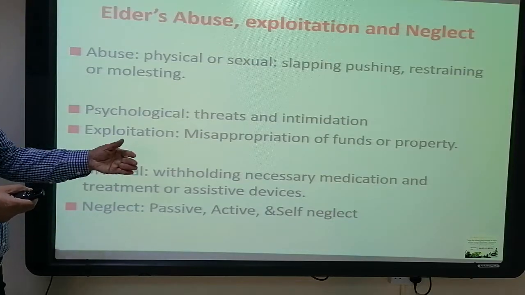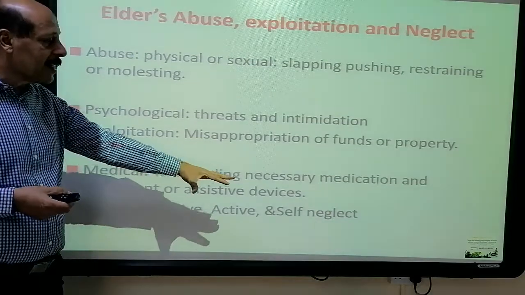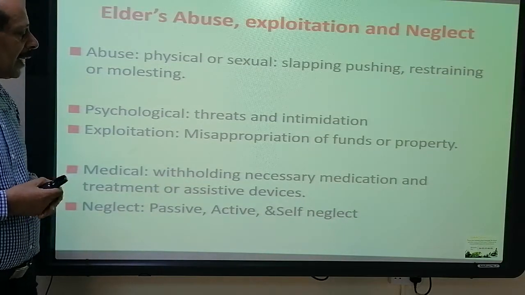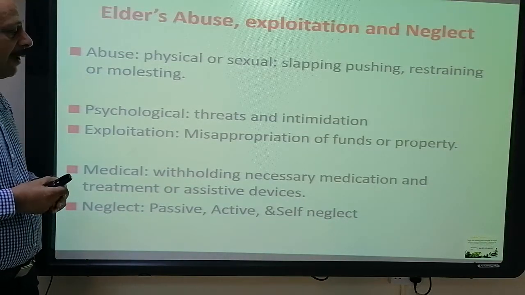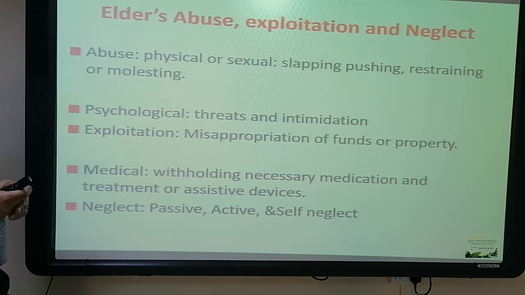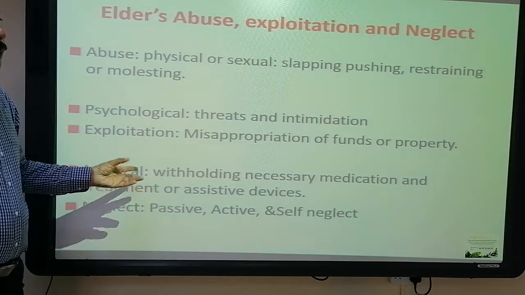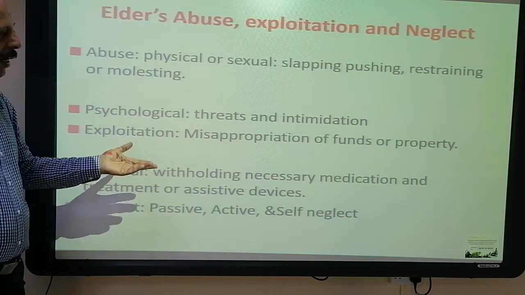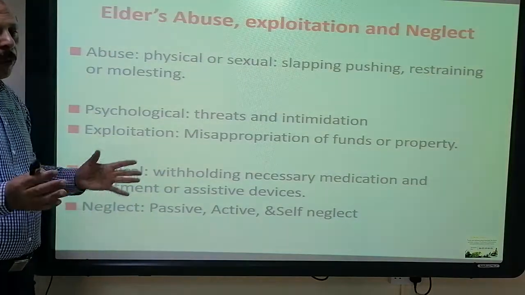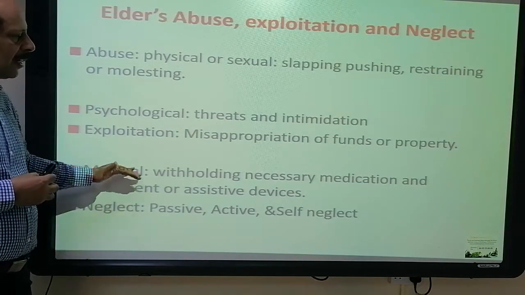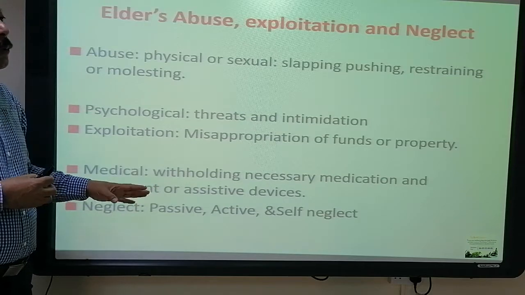Medical abuse: withholding necessary medication and treatment or assistive devices. Sometimes the family member or the caregiver will withhold some of the medication and not give the necessary medication to that client.